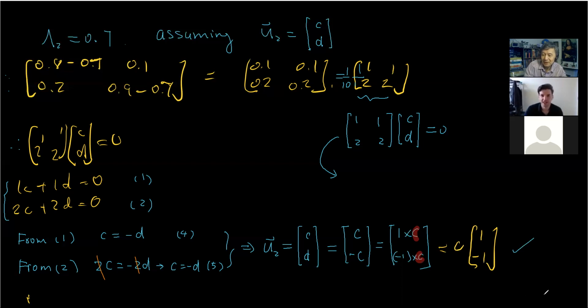Okay, let's sum up. Basically we had matrix A. Can you remind me, A is 0.9, 0.8, 0.2, and the other row 0.1, 0.9?